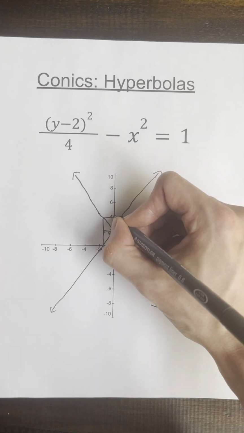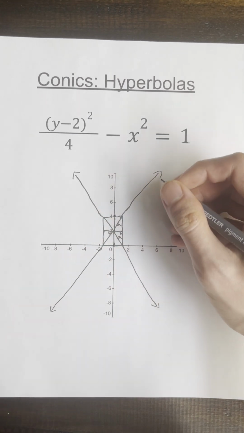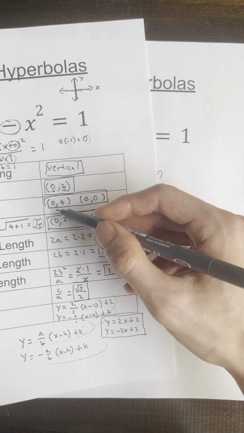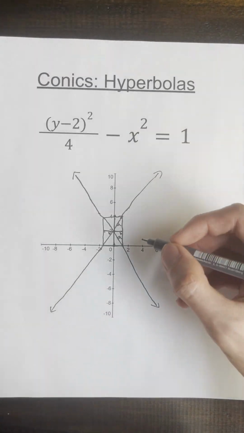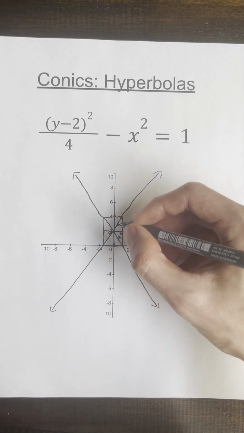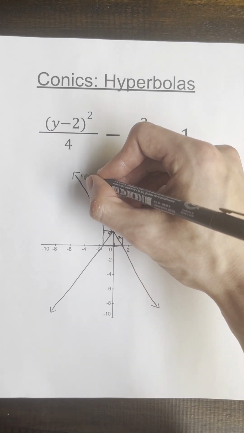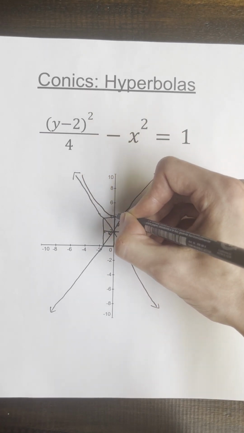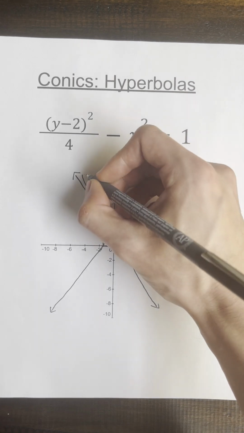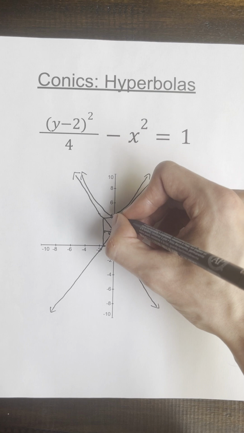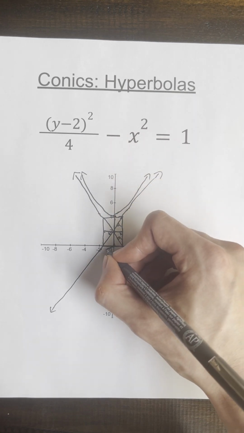And our vertices are here and here. Remember, they're at 0, 4. Vertices at 0, 4 and 0, 0. So here and here. And we're going to get close to the asymptotes, but never touch them. So this is opening vertically. And this one too.